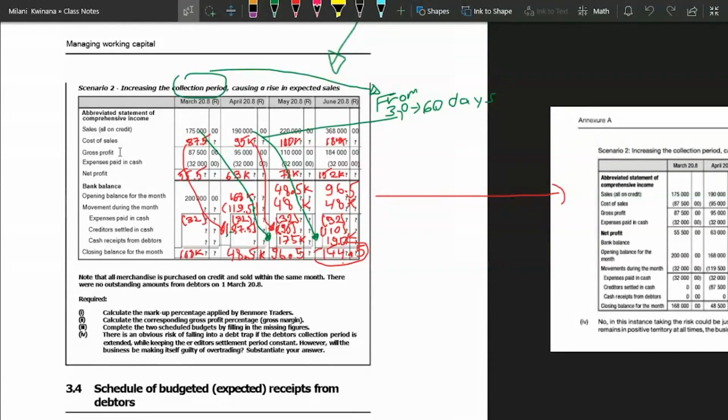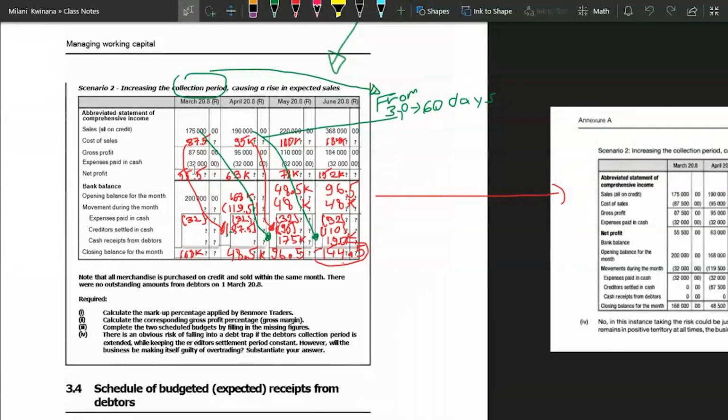That is the cash flow. So here is your cash flow, where you have an opening balance at the beginning of March, which is 200. We look at the movement during the month. The expenses paid were 32,000. That's the only movement. Obviously it's cash. If we pay out an expense, the money goes out.